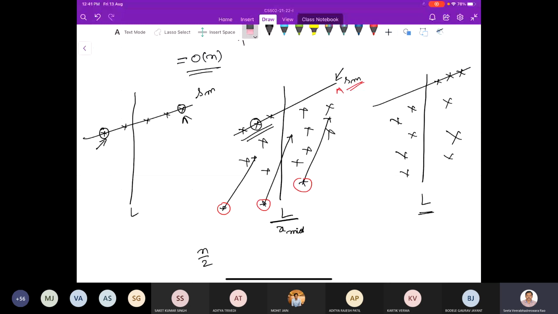So these points, which are indicated by the circle, can't be part of the upper tangent.